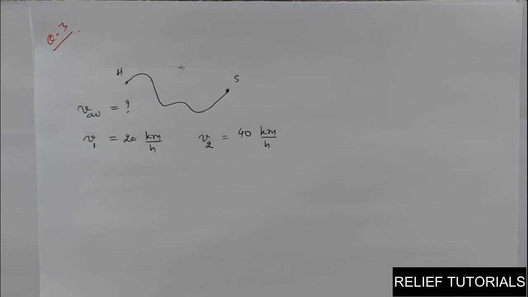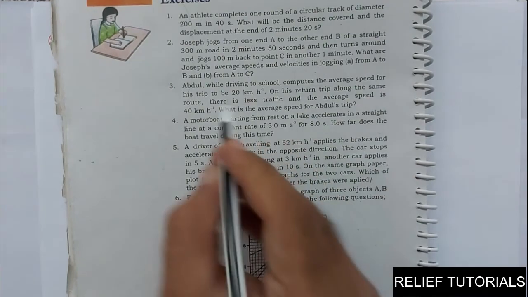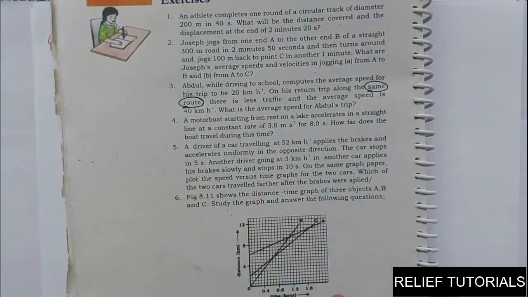And here we have to understand one thing, the information is very little, only the two different speeds are given. But one thing is very important given in your question, that while returning, second line, on his return trip, look at here, on his return trip along the same route. So this indicates same route.